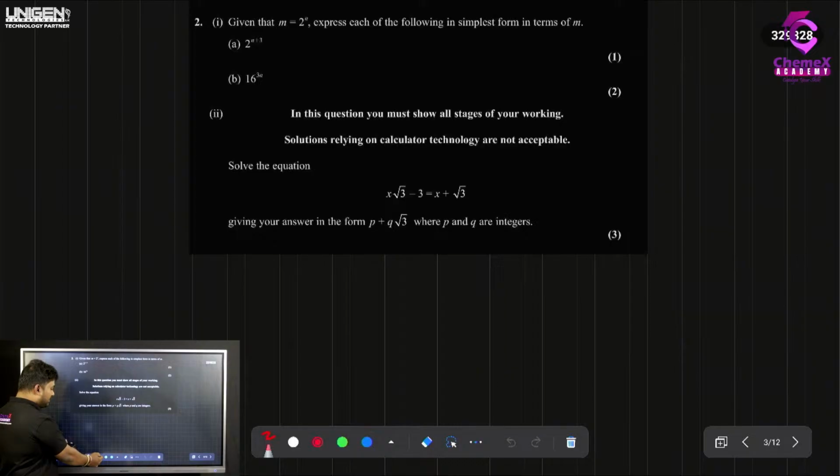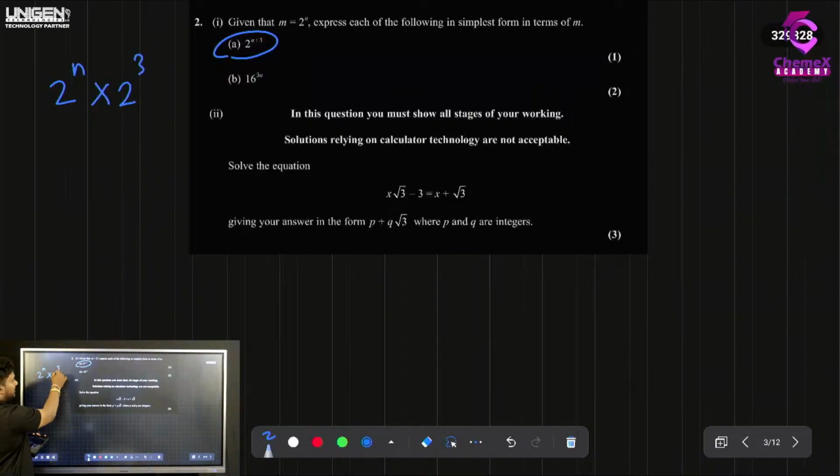Since they have given m is equal to 2 to the power n, this term can be written how? You can break it and write it as 2 to the power n into 2 to the power 3.